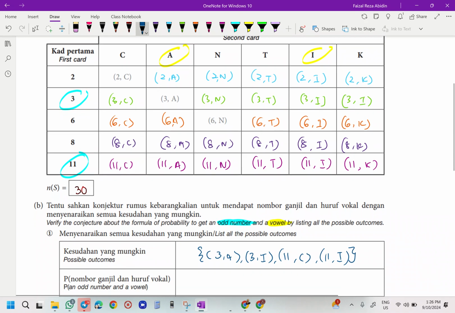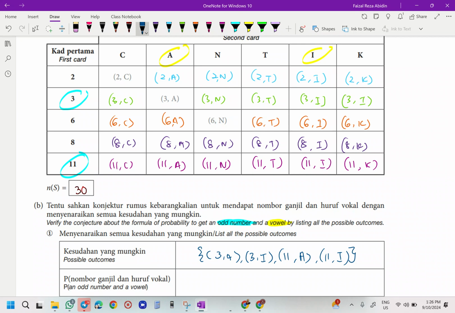Why did I put 11C? Just testing you. Correct, 11A and 11I. Find the probability of an odd number and a vowel. How many did you get there? 4 out of 30.